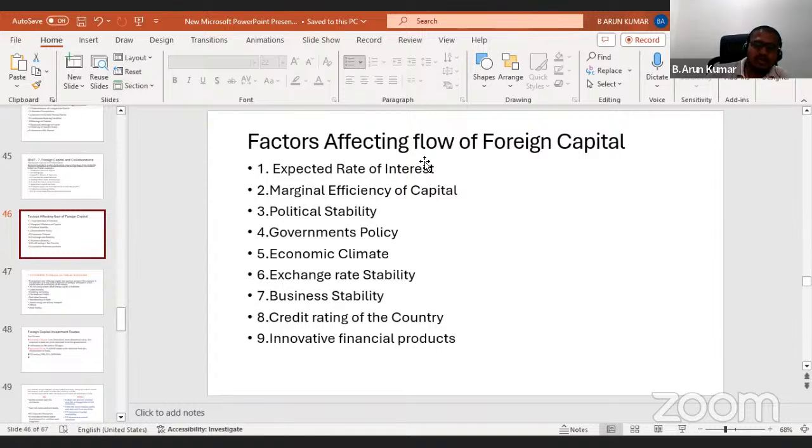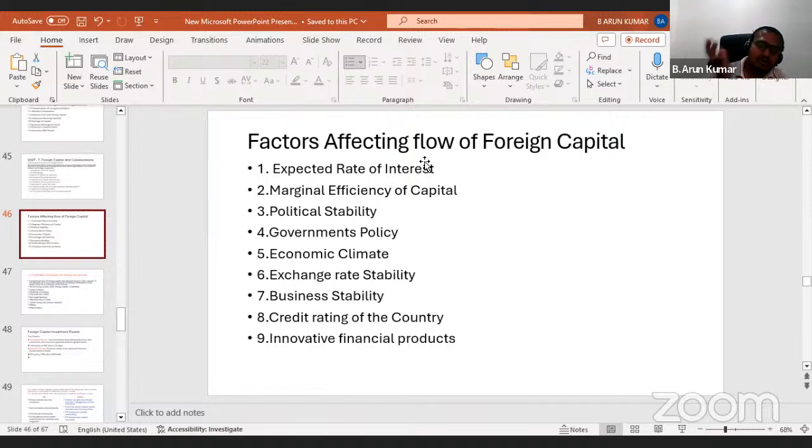Likewise, in the USA, in fixed investments, maybe they will get around 4% or 5% every year. But in India, for fixed deposits, the Indian government or RBI is giving around 7% or 8% based on the tenure, based on the investment period.